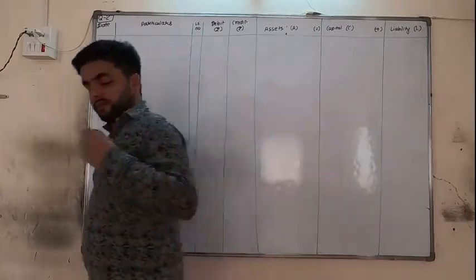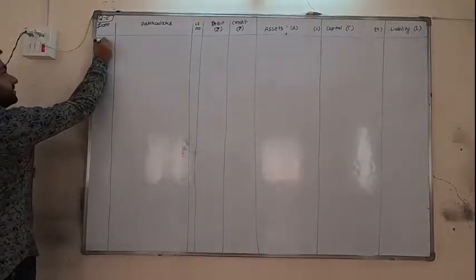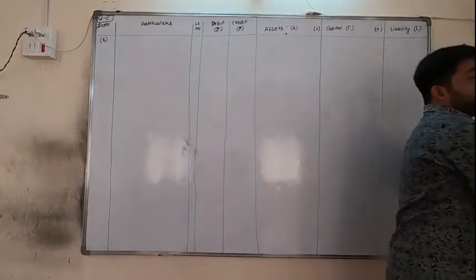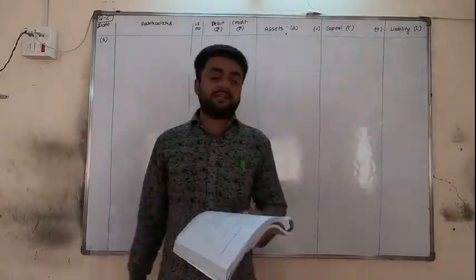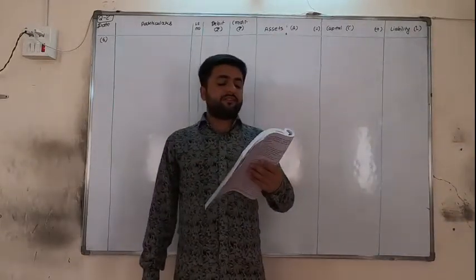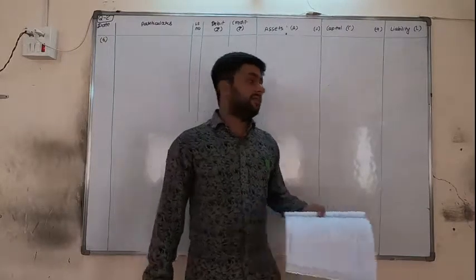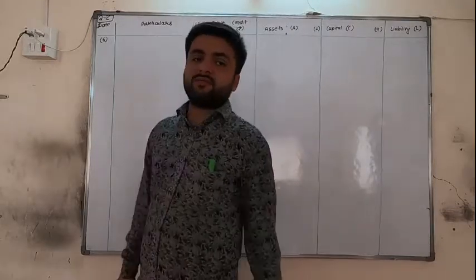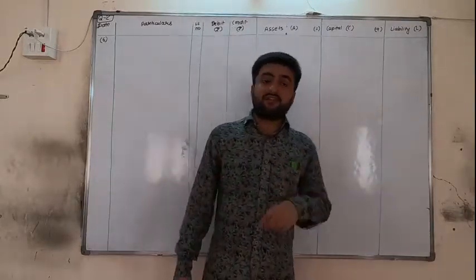Now we are going for the 6th transaction. Again the same type of transaction as yesterday is given: goods of 10,000 sold for 18,000 in cash. Again we are selling the goods, goods are going out, sales account credit, but goods are of 10,000.